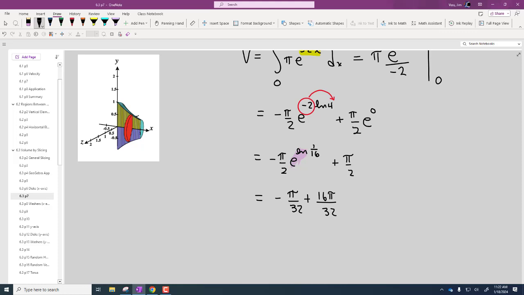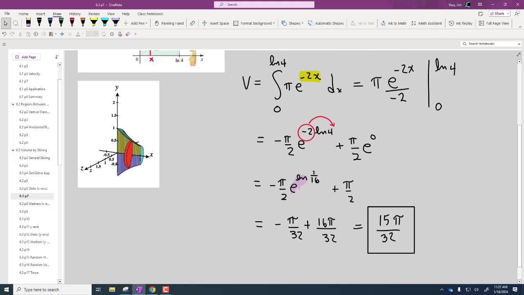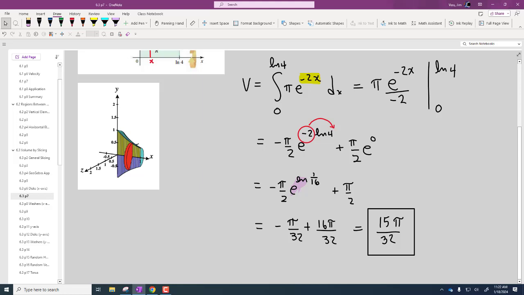So we end up with 15 pi divided by 32. Okay, any question on that? So this 1/16 is from this 4 raised to the negative 2. 4 to the negative 2 is 1/16.